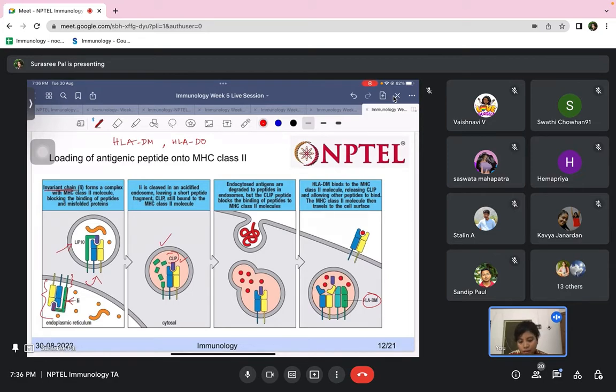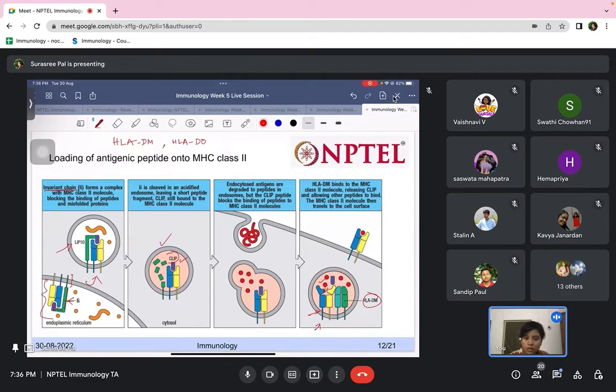Once the clip is dissociated, HLA-DM binds to the MHC class 2 and stabilizes the empty MHC class 2 molecule. And once this is empty, these antigenic peptides will now be able to bind to the antigen binding groove or the peptide binding cleft of the MHC molecule.